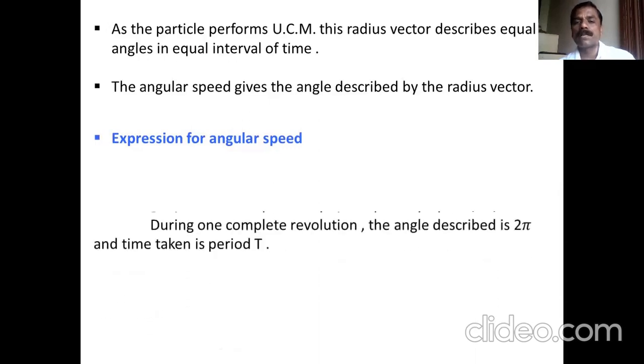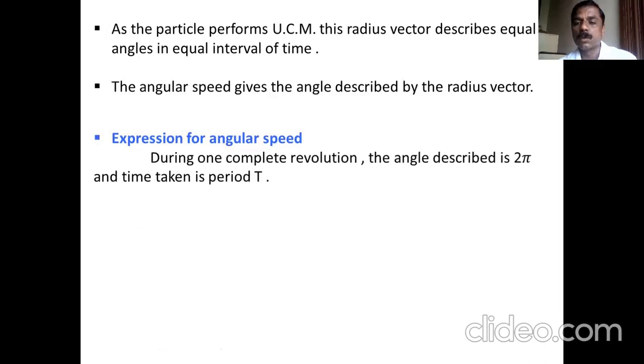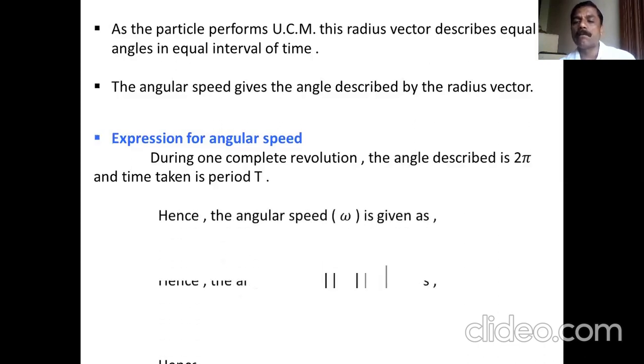Now how can we find the expression for this? If we consider one revolution, what will be the central angle? Definitely it is 2 pi, and the time required is the period. So by considering one complete revolution, the angle described is 2 pi and the time required is capital T. With this information we can find the angular speed. As we know, speed is distance divided by time.